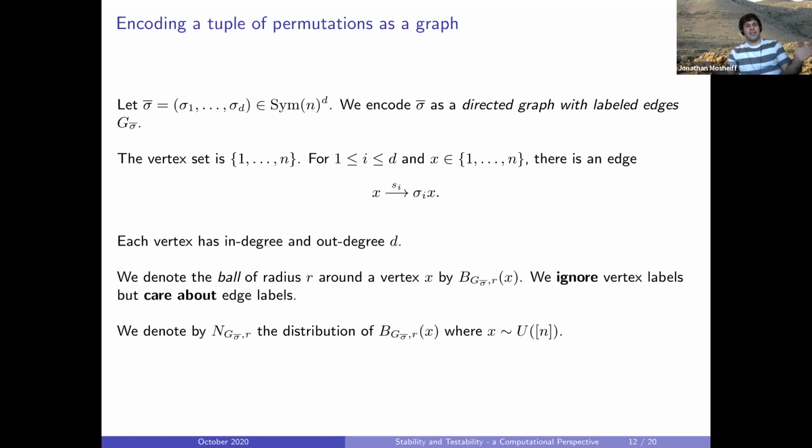So this is independent of n. No matter how large the graph is, once you fix r, the number of possible balls is a constant. So this N_G,r is a distribution with bounded size, finite support.